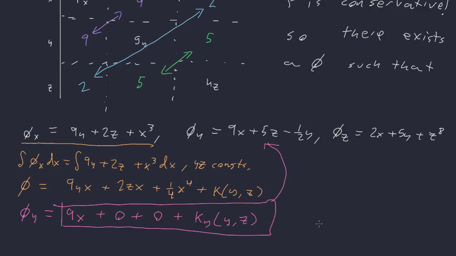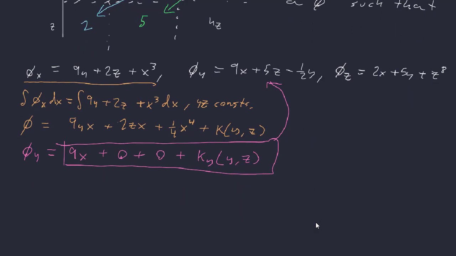Now I'm going to compare this with this. So we have that 9x plus k sub y of y comma z is equal to 9x plus 5z minus 1/2 y.